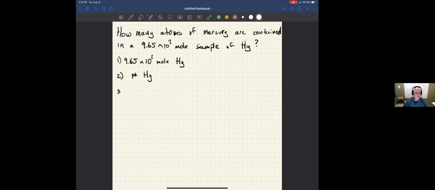And so I don't include the word atom because that should just be understood from basic vocabulary. So again, I'm given the number of mercury atoms as what I'm trying to solve in the problem. Just to summarize, the problem is giving me the number of moles of mercury atoms, and it's asking me to calculate the number of mercury atoms.